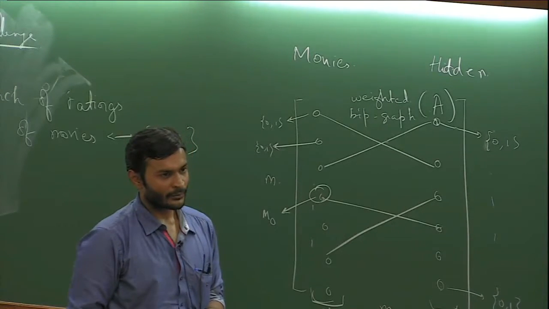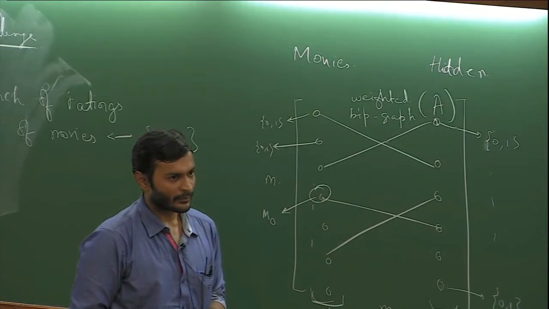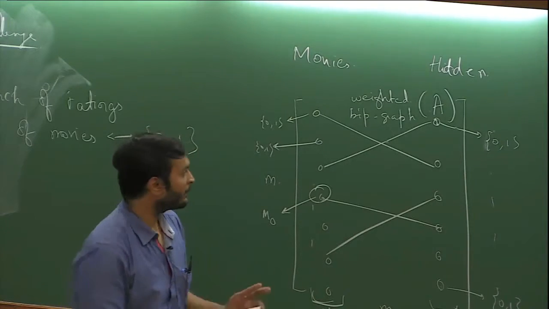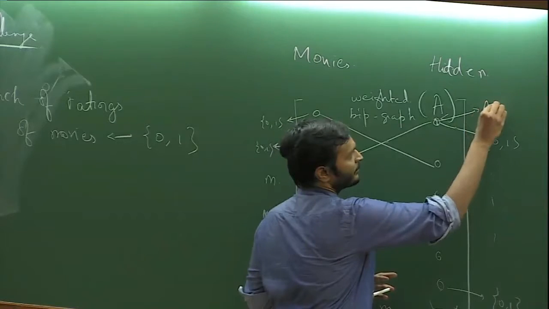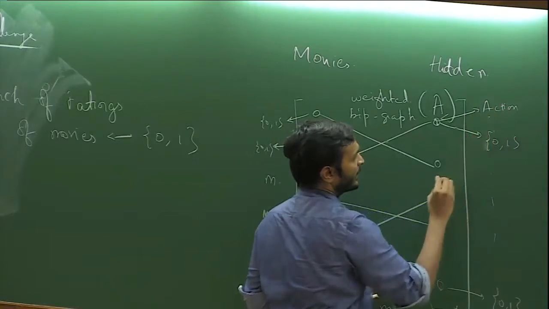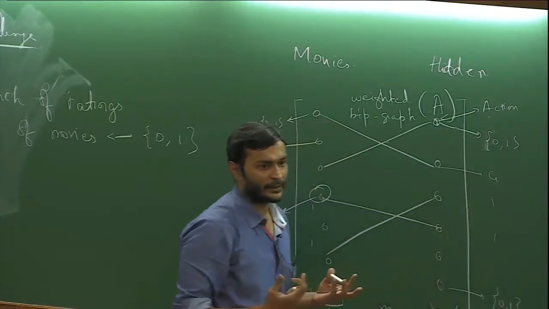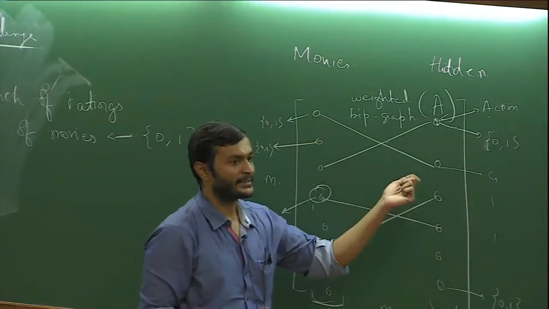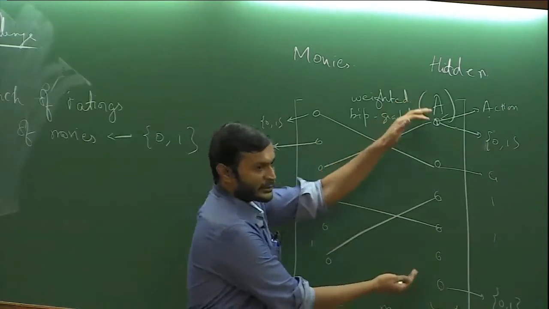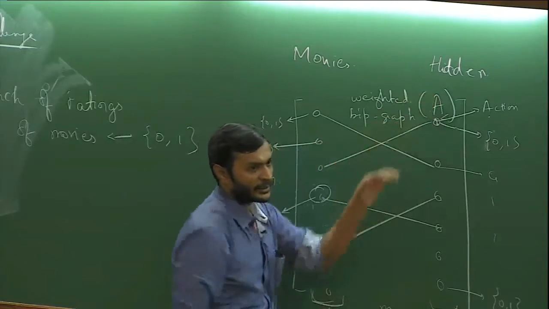It's very possible that this one node corresponds to action movies, and then this corresponds to comedy or something. We don't care to say it initially. So we just say, I'll give you 1,000 hidden nodes and just optimize.